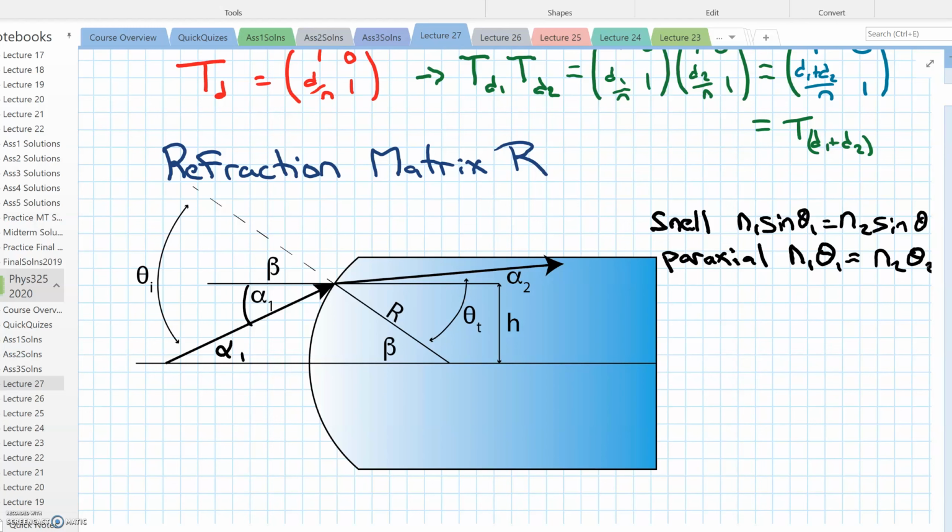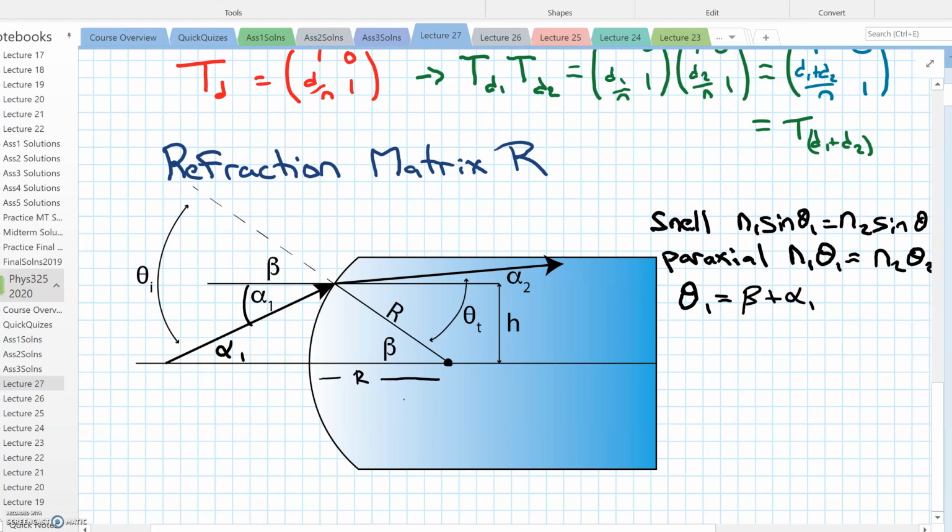All right, so let's try to work out this. So here, theta 1 is beta plus alpha 1. Okay, how about on the other side? Well, we have this angle beta here. Beta is the angle from the center of the sphere. Remember, this is a spherical surface, radius r. The center of the sphere to where the beam hits.